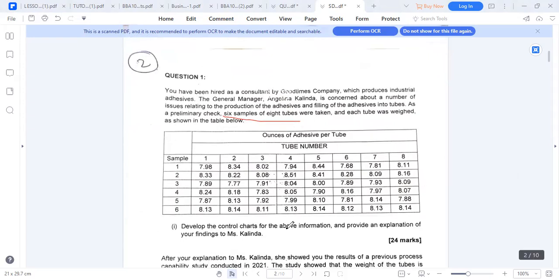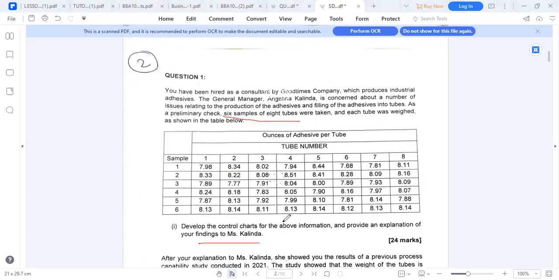So develop the control charts for the adhesives for the above information and provide an explanation of the findings to Miss Kalinda. All right, so there are 6 samples, and the standard deviation is not given here, so we need to find the mean.